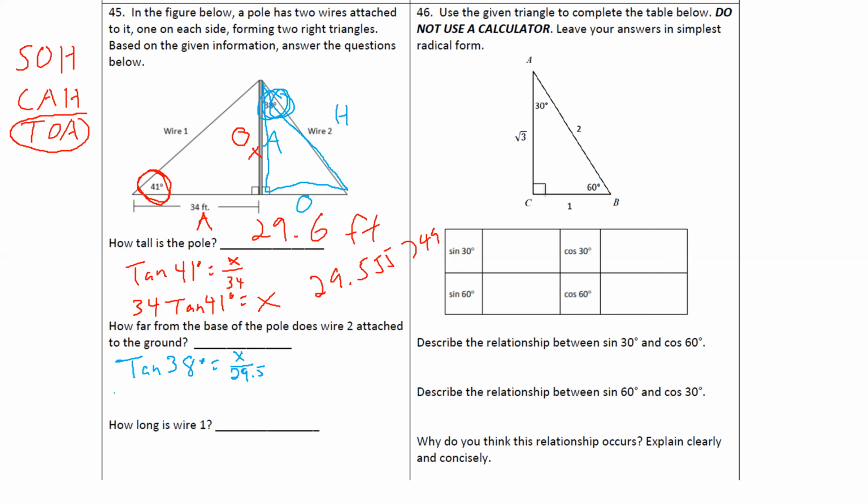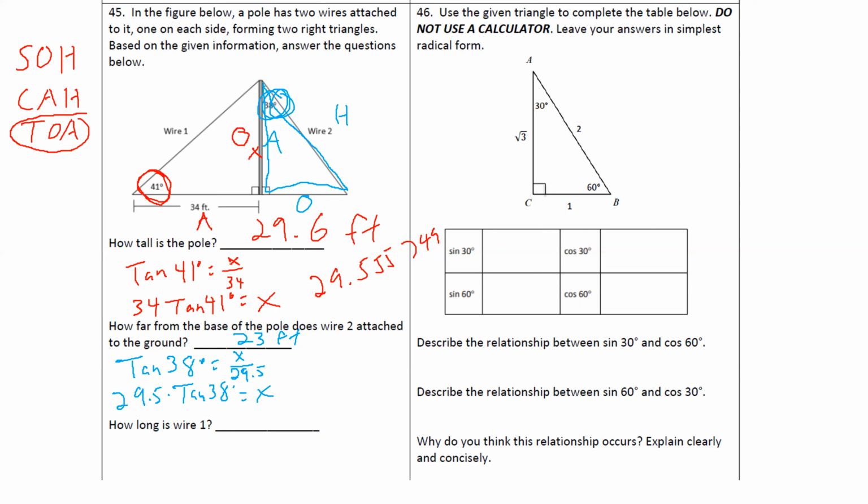Multiply the 29.5 over to the other side times tangent of 38. Plug that whole thing into the calculator. We get 23 feet. Again, just rounding off.